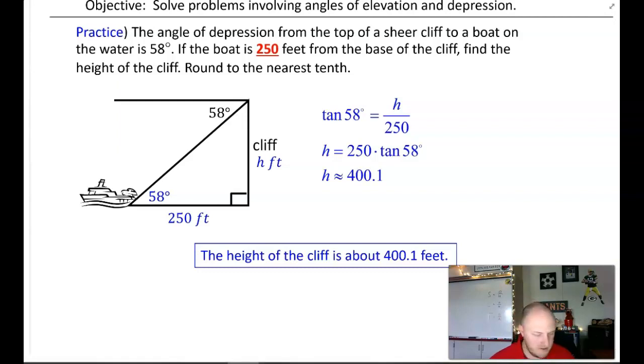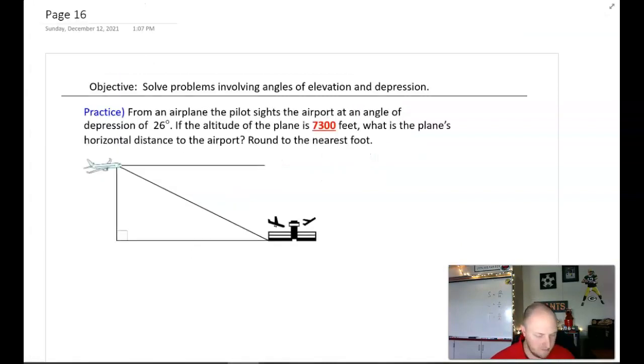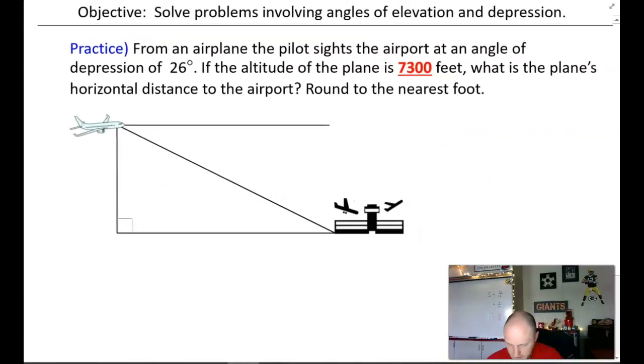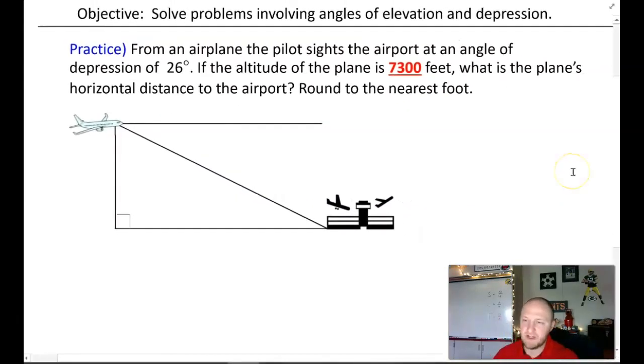All right, here is the next example. This one's fun. Pause the video, then I'll talk about the placement of the information for this one. Also, there's a word in here that often throws off students, and it is altitude. Altitude is just height. Altitude is equal to height.